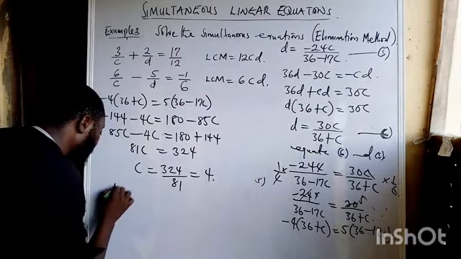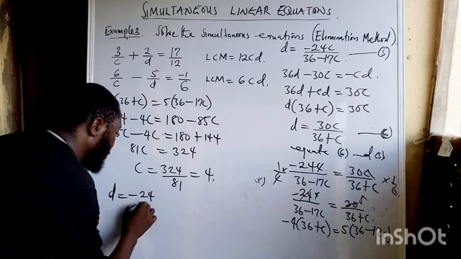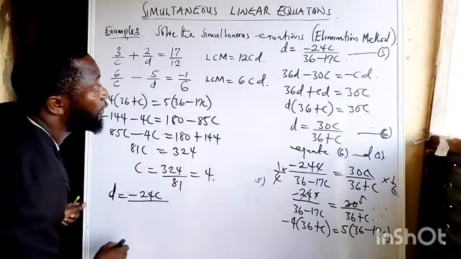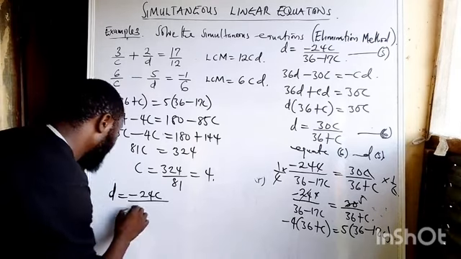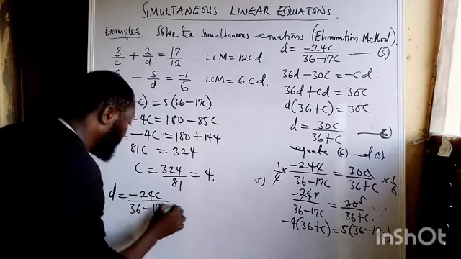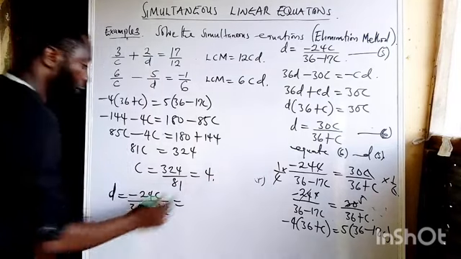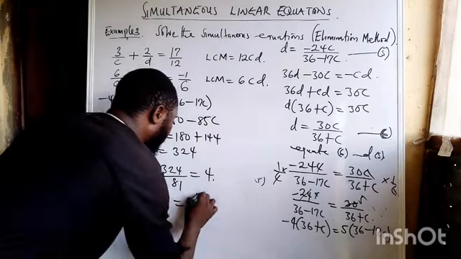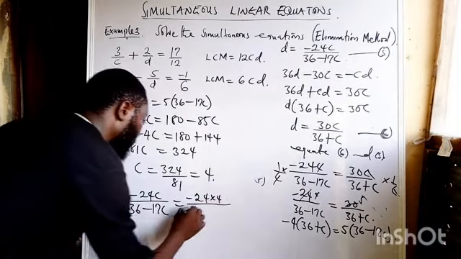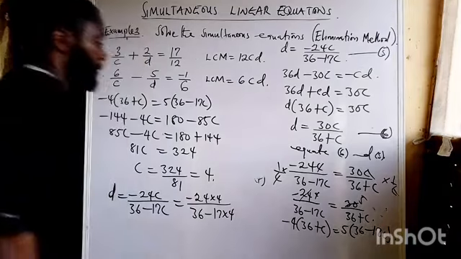D equals negative 24C divided by 36 minus 17C. Now let's put in the value of C. Our C is 4. We have negative 24 times 4 divided by 36 minus 17 times 4.